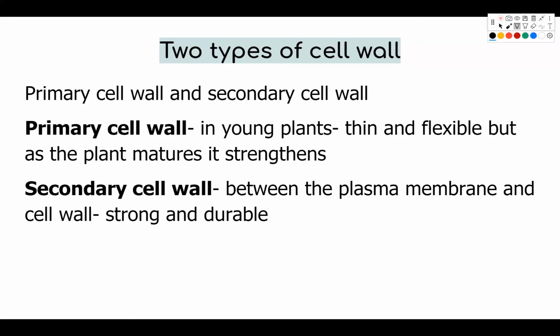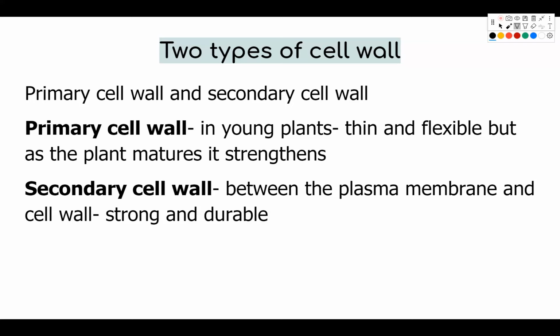The secondary cell wall is a layer between the plasma membrane and the primary cell wall that acts as a second, stronger, more durable, extra layer of protection and strength. Not every organism with a cell wall has a secondary cell wall. Usually there's just a primary.